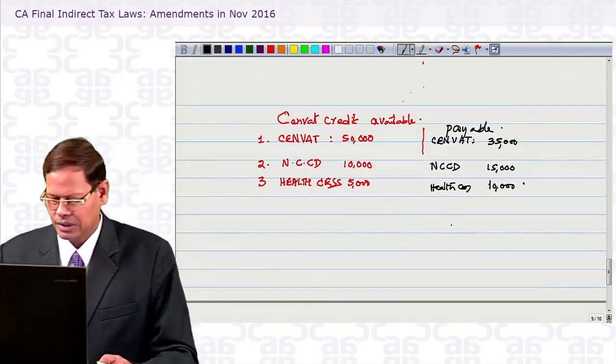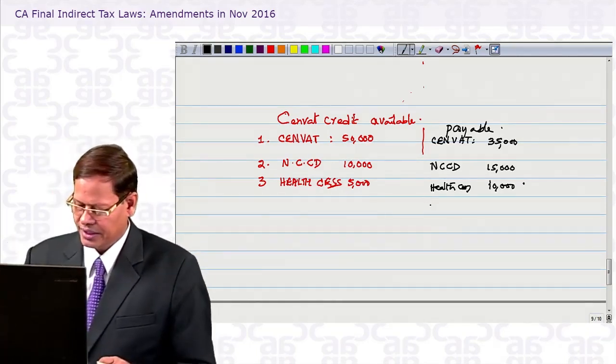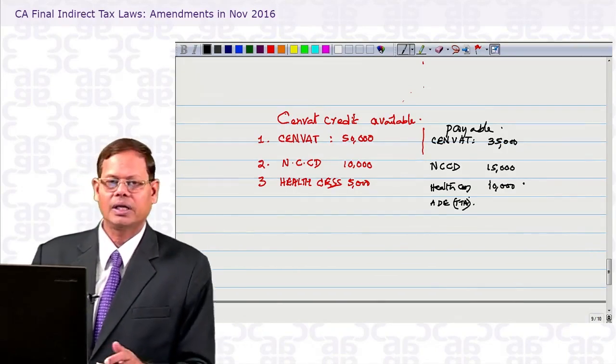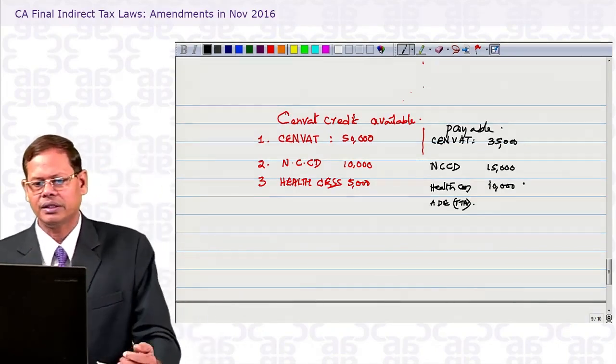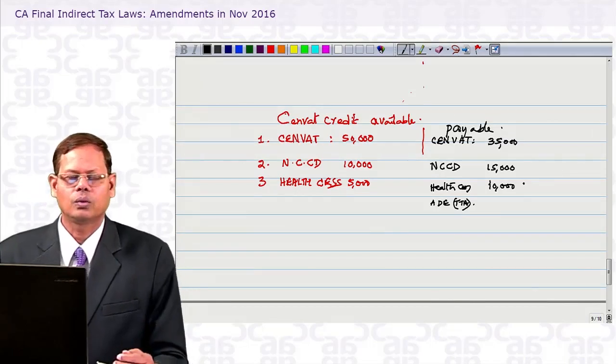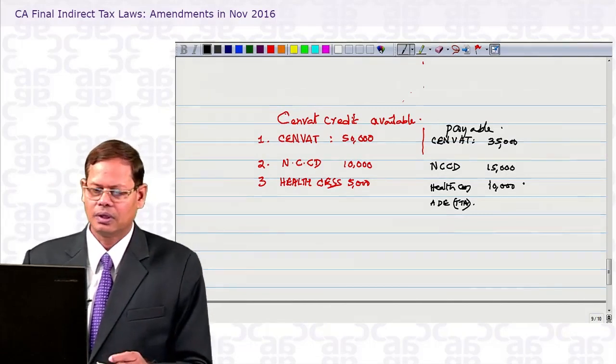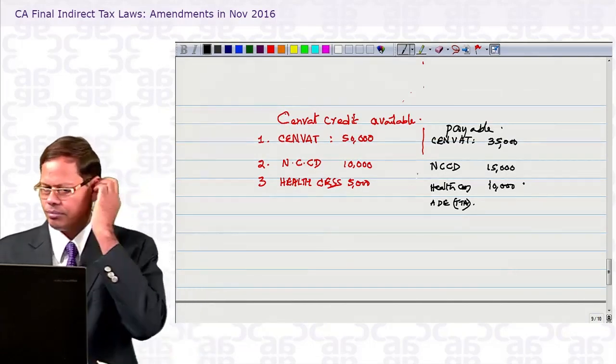Let's assume some other tax like ADE, TTA, Textile and Textile Articles Act. See, hypothetically I am taking this, but practically right now ADE, TTA is exempt.